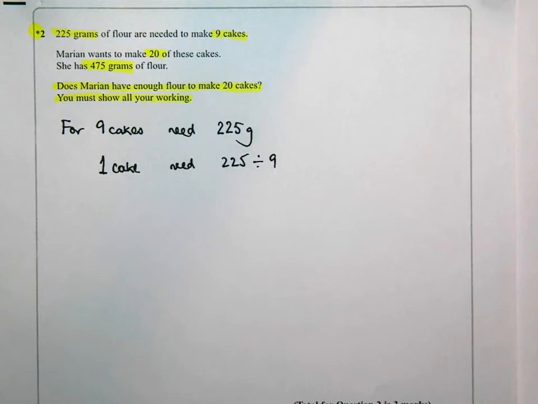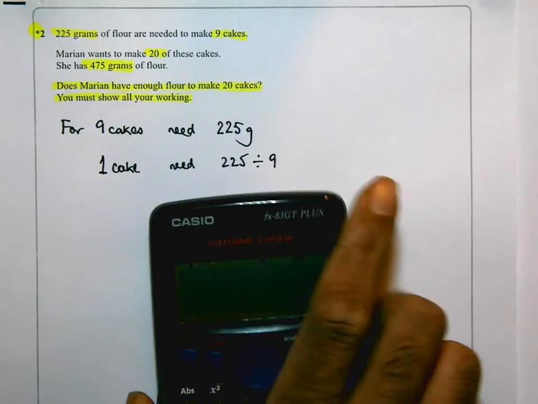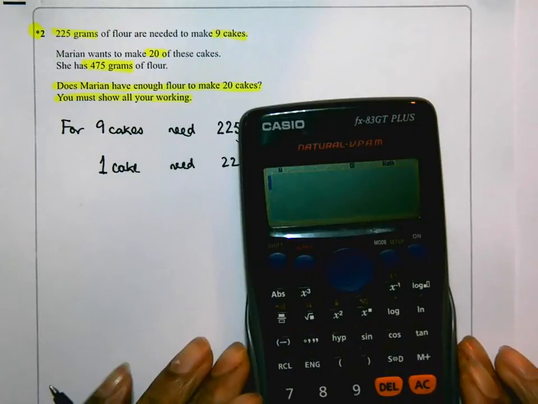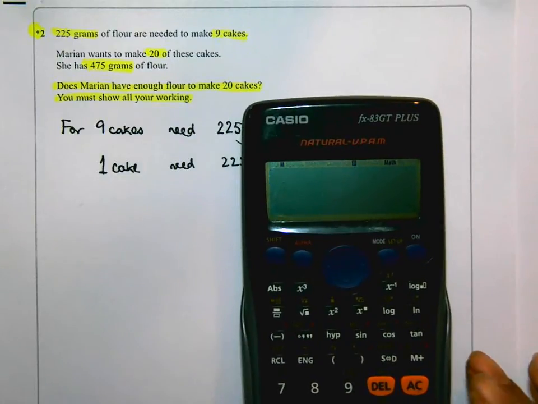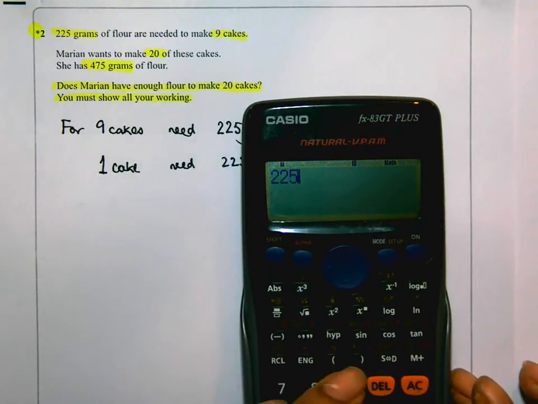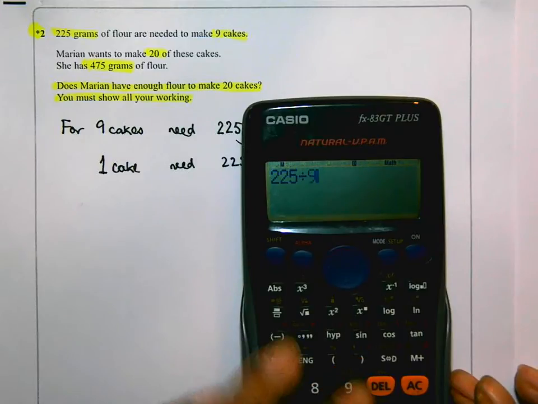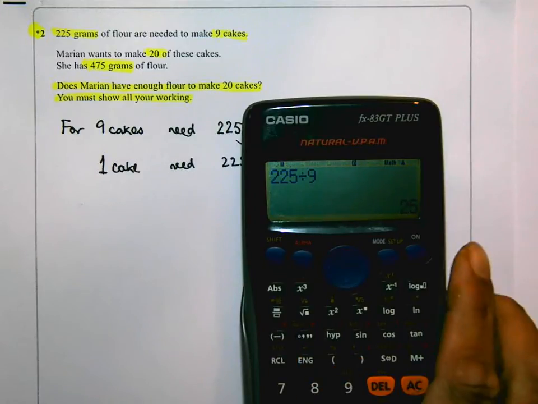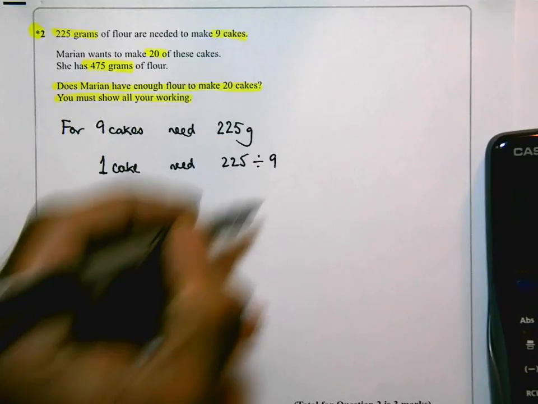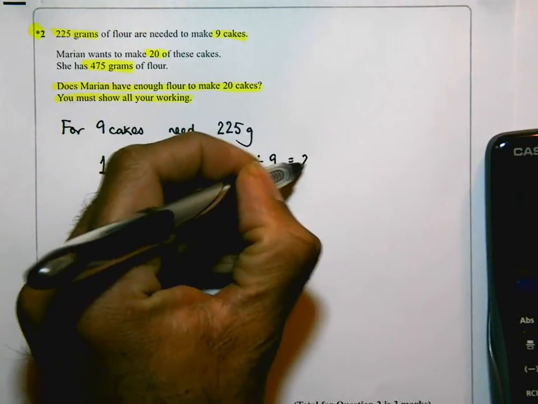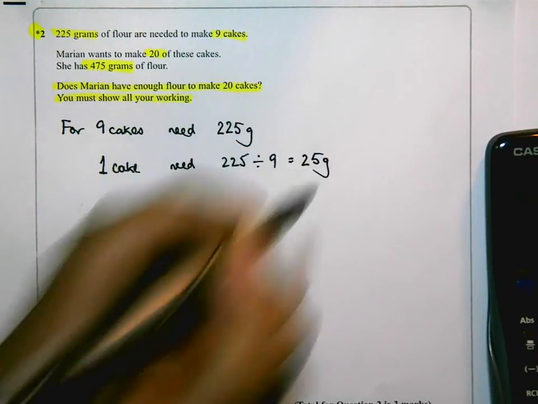Now remember, this is a calculator paper, so I can use my calculator for any maths in this question. So let's just do that. 225 divided by 9, and that is going to give me 25. So for 1 cake you need 25 grams.